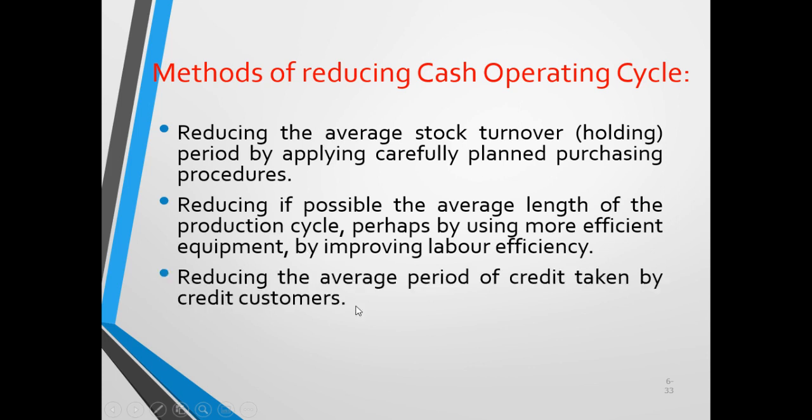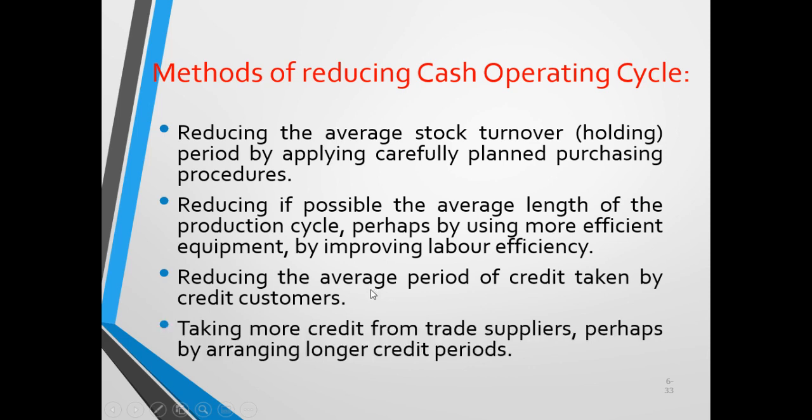Reducing the average period of credit taken by the credit customers, right? Because previously, let's say you're giving 30 days for the customers to pay back. What do you do? Now you reduce the period, maybe 20 days, 15 days, try to collect the money as early as possible.